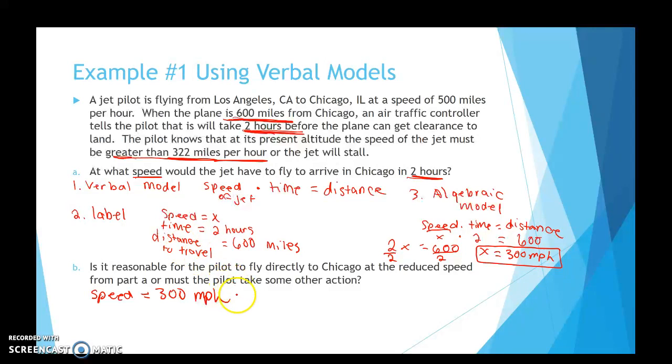So 300 miles per hour is not reasonable for the pilot to fly, because the jet will stall.